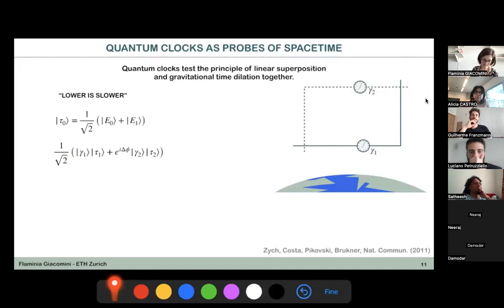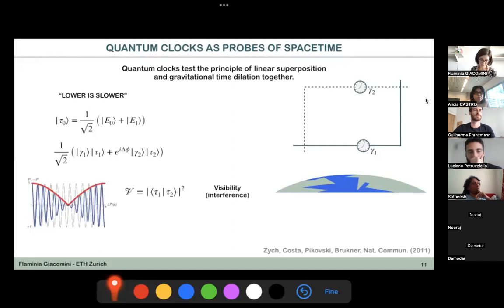Here it's equivalent, but just putting a beam splitter and mixing gamma 2 and gamma 1. And then I should see interference. What one sees, though, when one has the clock, is that we have this state of the clock evolved differently according to whether it went on the lower path or on the upper path. So this results in a loss of visibility that you can see with this red curve.